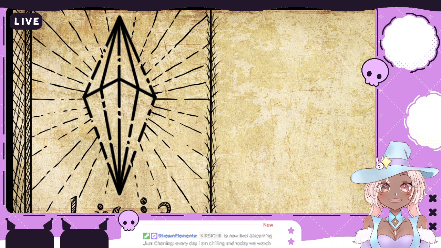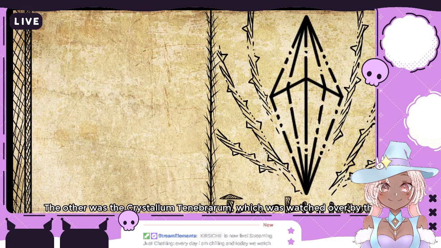One was the Crystallum Lucis, protected by the ruler of the fairies. The other was the Crystallum Tenebrarum, which was watched over by the high leader of the witches.